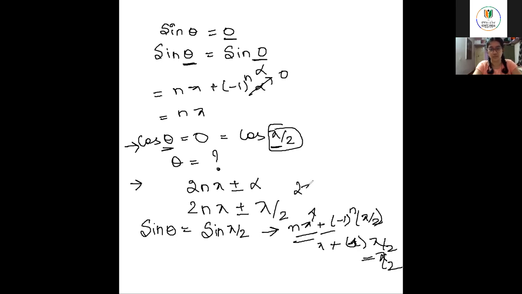You get 2 pi plus minus 1 whole square pi by 2. So you get 2 pi plus pi by 2, 5 pi by 2. Okay, so like these, you can get the answers. Now we'll do proper questions on these. So this was just a practice of how you are going to do the questions here.